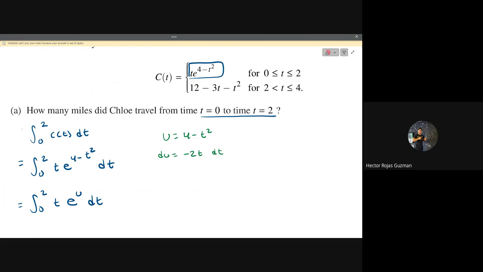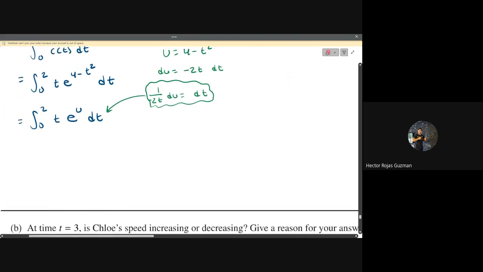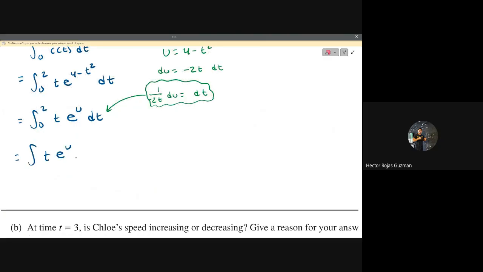My suggestion for you is to isolate dt, so we divide by negative 2t on both sides. And we're going to be using this to replace the dt. So here we have the integral of t e to the u times 1 over 2t du.